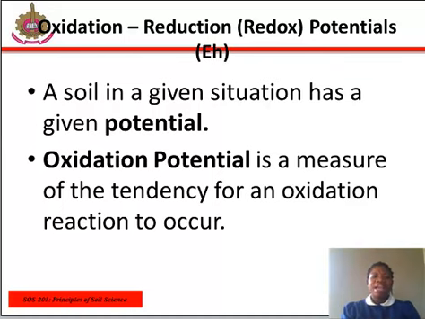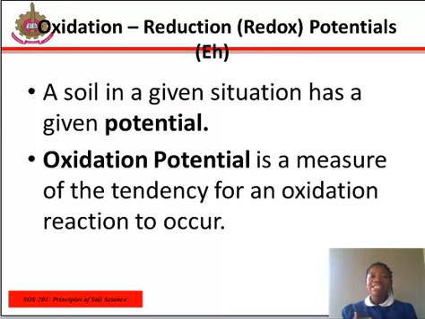Oxidation can also be defined as a gain or increase in positive valence, while reduction is a decrease in positive valency. Oxidation reduction reactions involve the transfer of electrons between oxidized and reduced species.